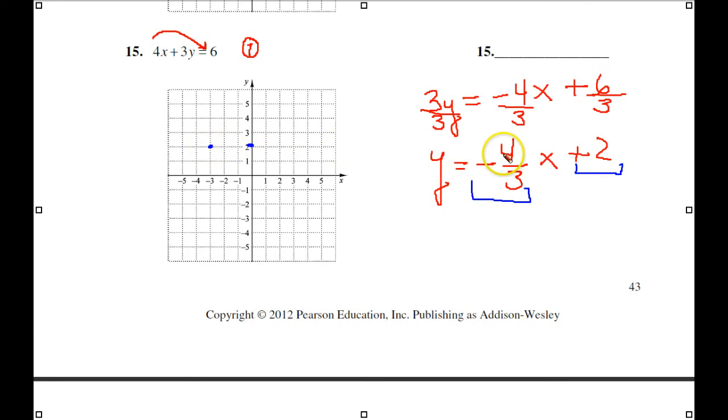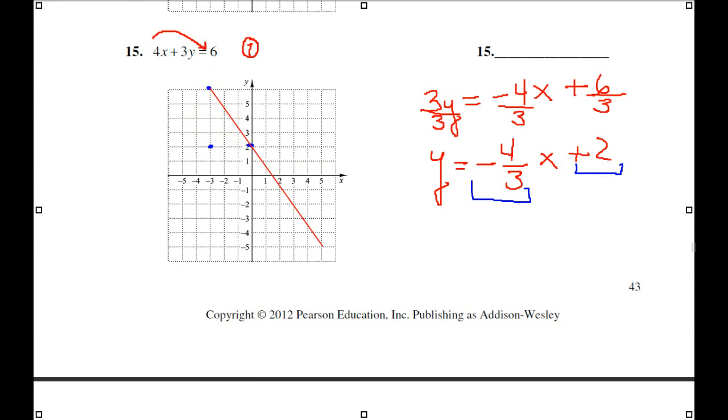And now I'm going to do my rise of 4. 1, 2, 3, 4. And there's my other point. I've made a little right triangle. Get my line. And then just draw it right through there. Okay, so 3 over to the left, 4 up.